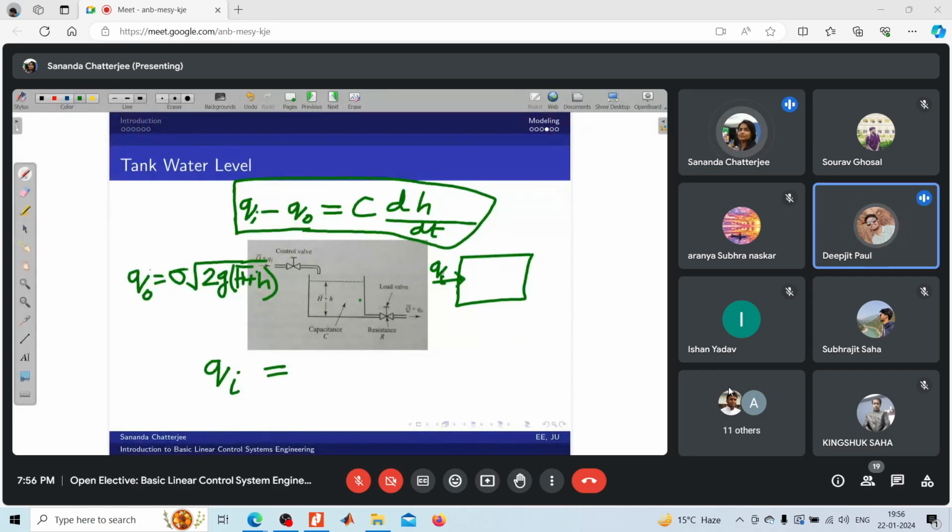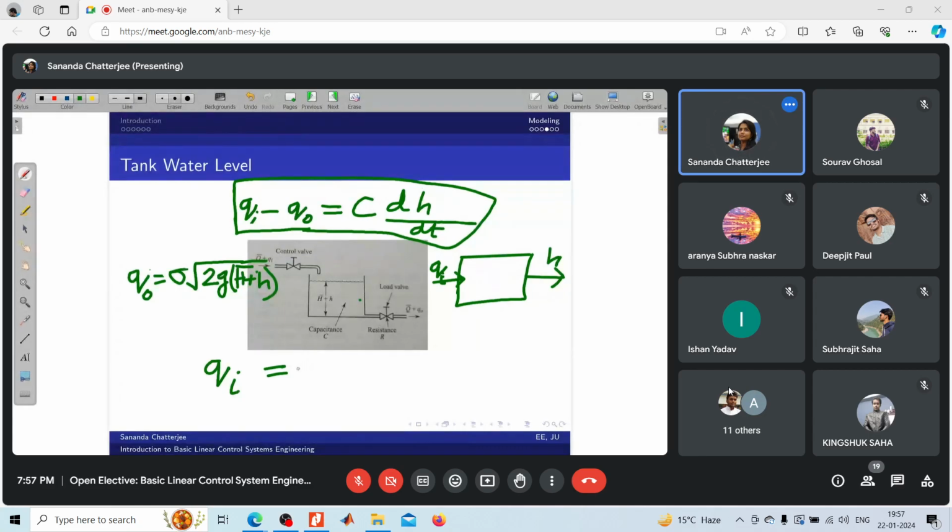Qi is our input and H is our output. One second. H is the output.